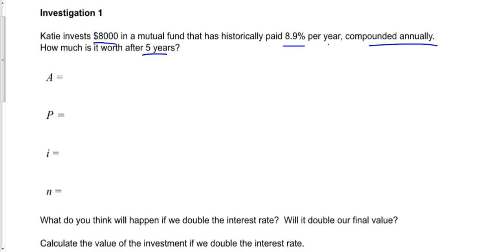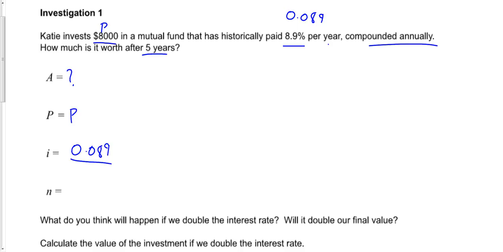So if she invests $8,000, that's the principal. We want to know how much it's worth after 5 years. That means we're looking for its final amount. We know that the i value, the interest rate, is expressed as a decimal. So the i value is going to be 0.089 divided by the number of compounding periods per year.